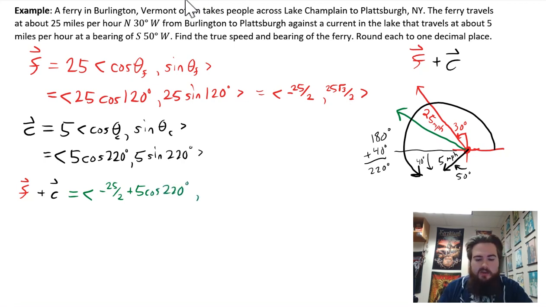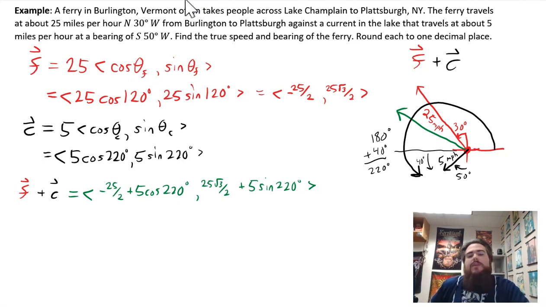And we can add the second components together, 25 square root of 3 over 2 plus 5 sine of 220 degrees. This would be the combination of f plus c. Now that's all well and good. We have now found a component form for the resultant.